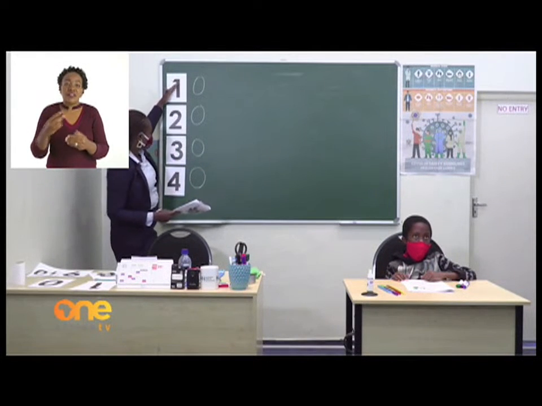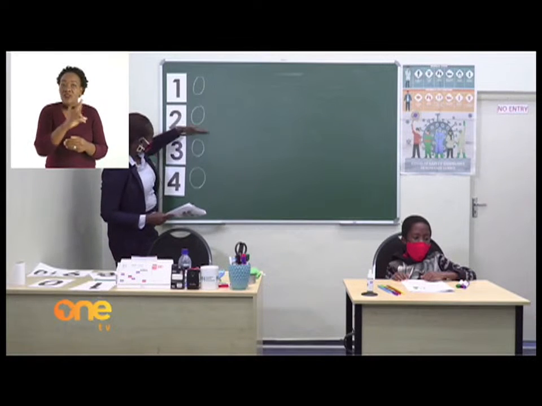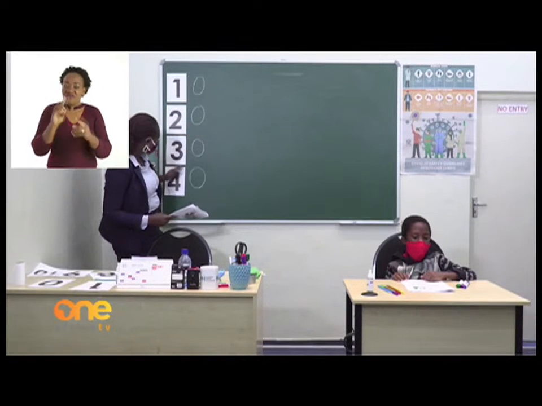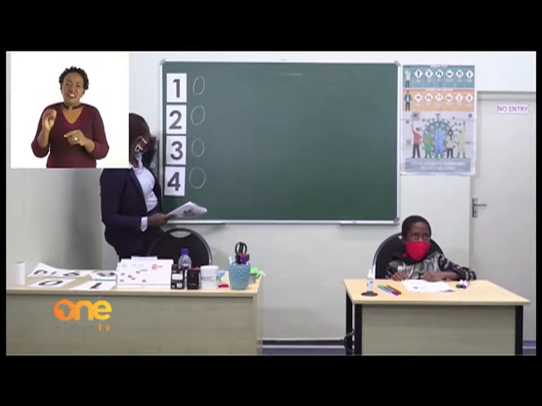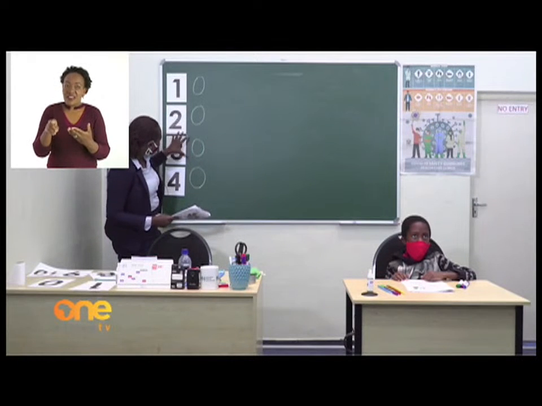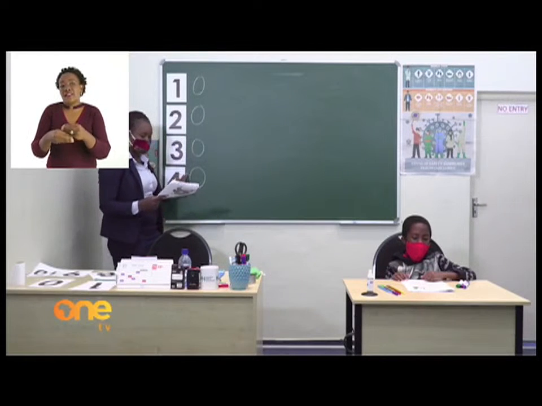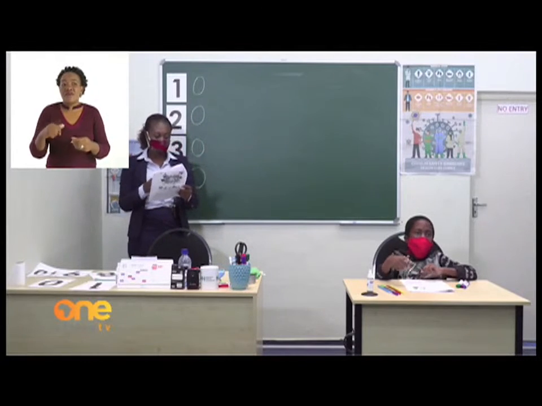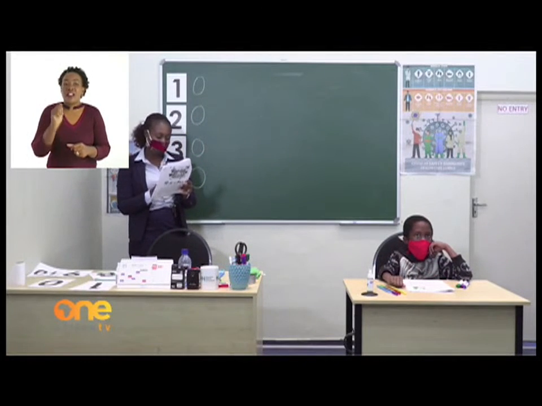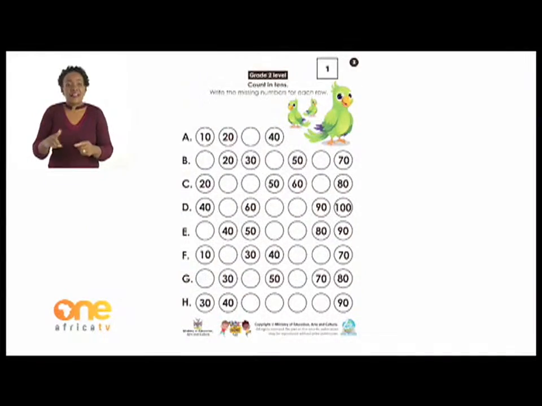We have the 10, we have the 20, and this number is missing. So it means this box you fill in 30 and then 40. You can do the rest on your own. B, C, D, E, F, G, and H from your booklet.